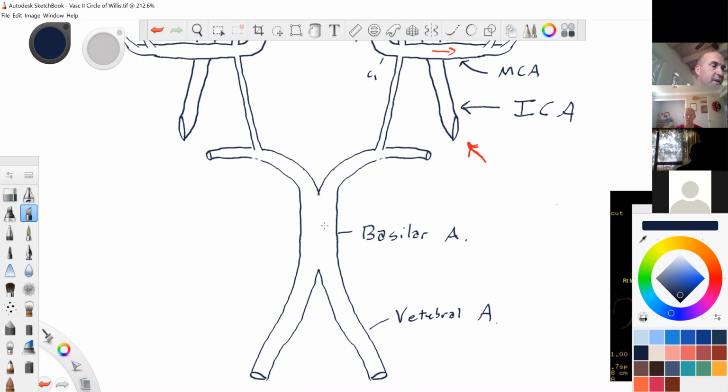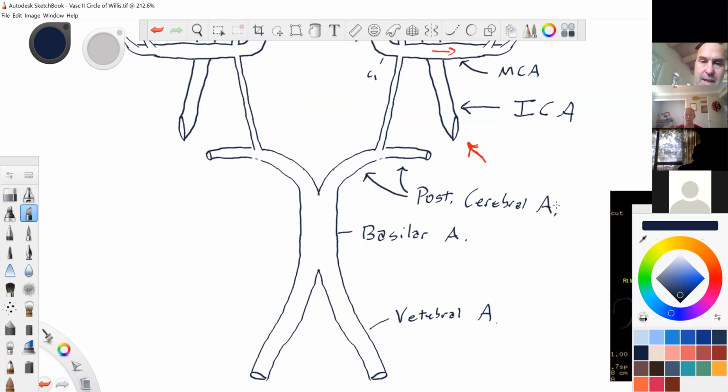Basilar artery then splits into the posterior cerebral artery. Oh my God, I almost said that wrong. Posterior, I'll at least shorten that. Posterior cerebral artery.